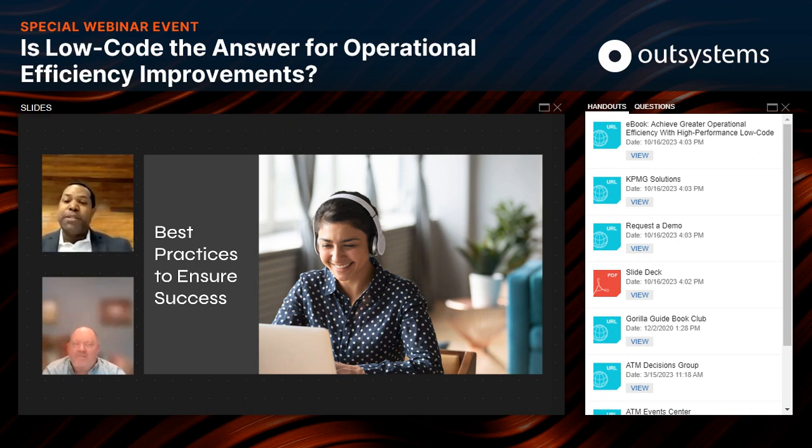What that means is you can build an application that works as intended, but it doesn't get across the line and doesn't go into production, and therefore it does not drive the operational efficiency you were looking to gain by building that application. There are a number of different reasons why that could happen, and we won't try to list them all out on this webinar, but a couple of things are really important to keep in mind.